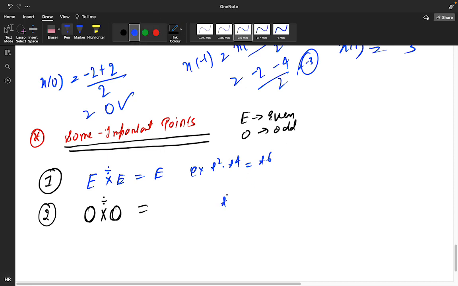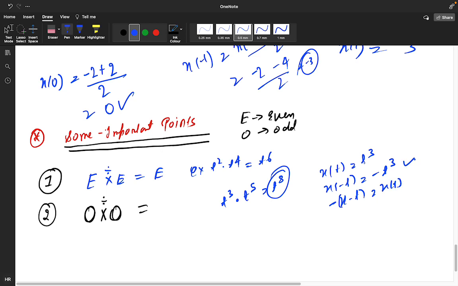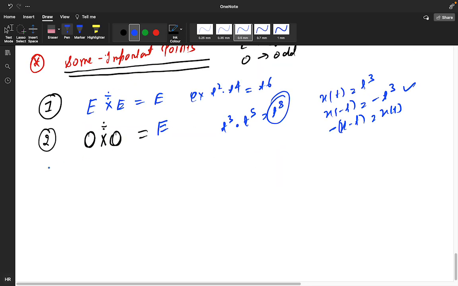See, t cube is an odd function, t to the power 5 is an odd function, so t to the power 8 is even. To check, if x of t is t cube, then x of minus t is minus t cube, and minus x of minus t equals x of t, so it is an odd function. So odd multiplied or divided by odd gives an even function.